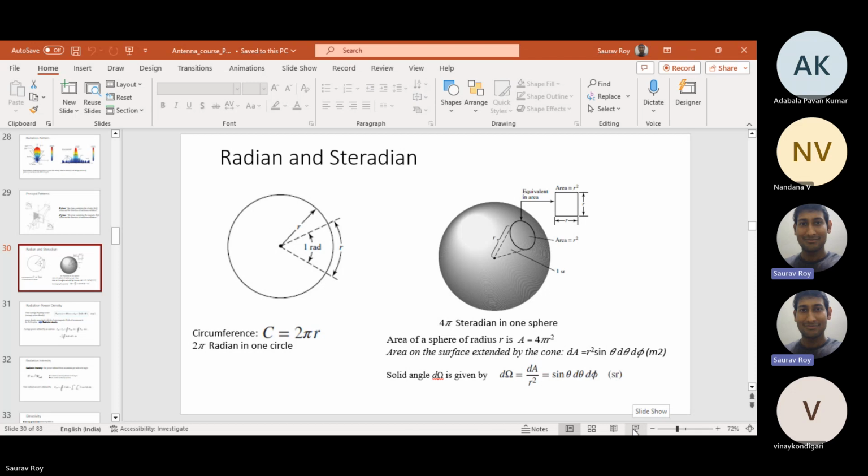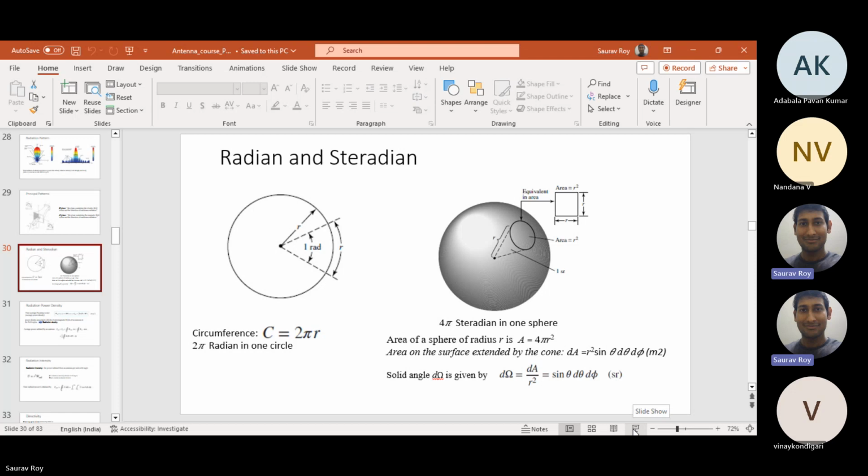So if you remember, last week we ended with this discussion on radian and steradian, and I also discussed why the concept of steradian is important here, because an antenna will be radiating or receiving not only in a surface, it will be acting in a volume. When the volume comes, we have a cone of action.